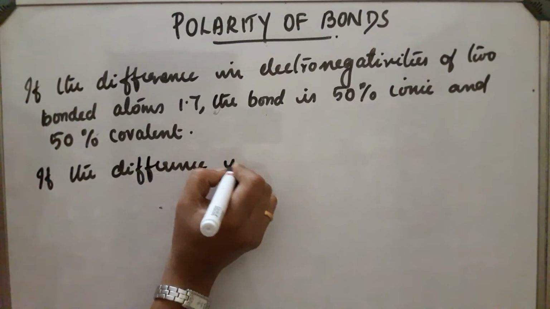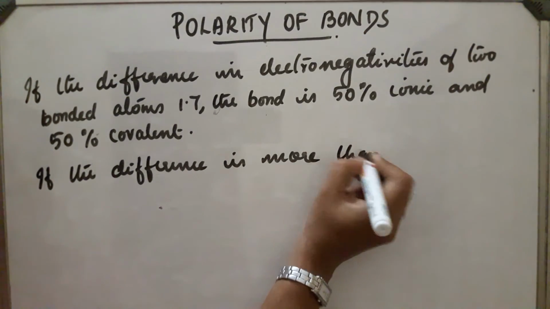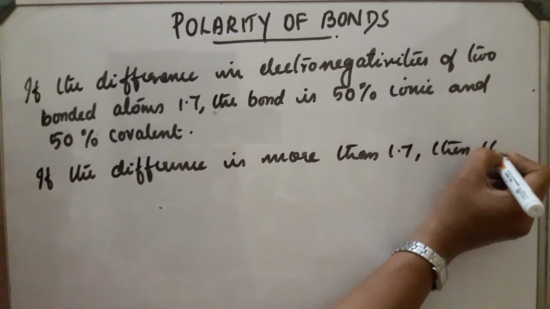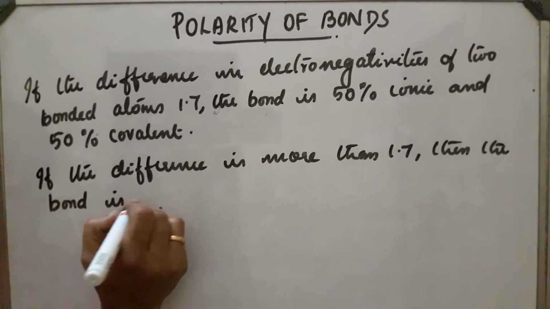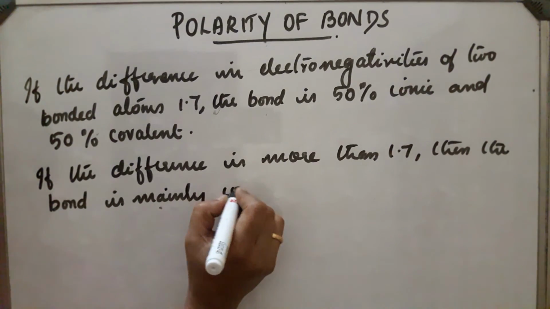If the difference is more than 1.7, then the bond is mainly ionic.